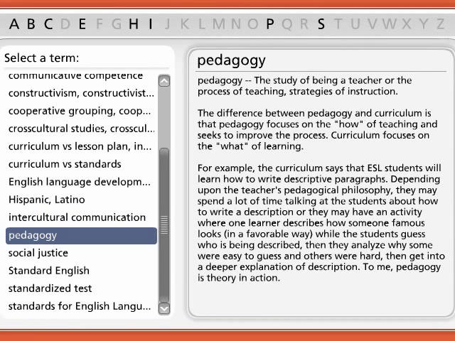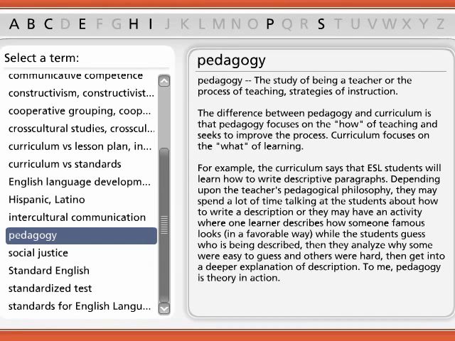Pedagogy. Pedagogy is the study of being a teacher, or it's the process of teaching and strategies of instruction. The difference between pedagogy and curriculum is that pedagogy focuses on the how of teaching and seeks to improve the process. Curriculum focuses on the what of learning. For example, the curriculum says that ESL students will learn how to write descriptive paragraphs.